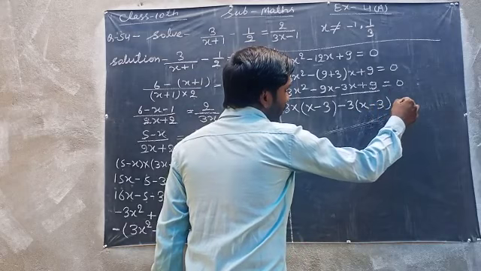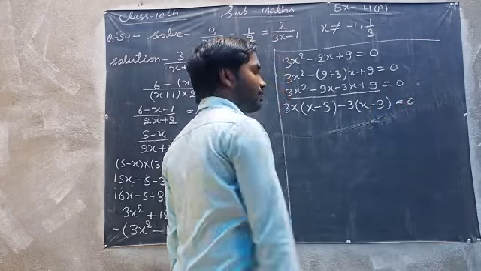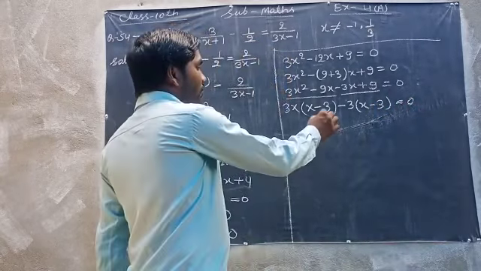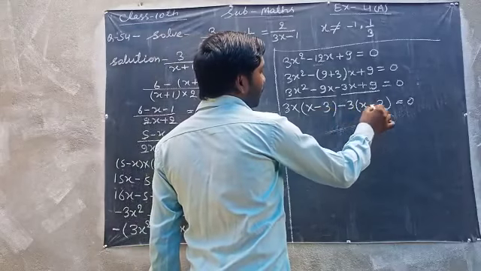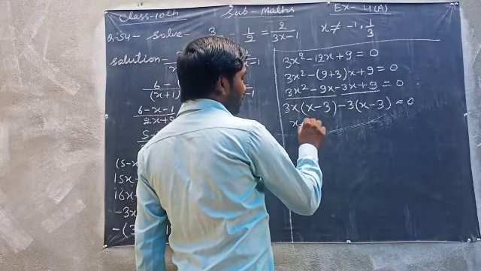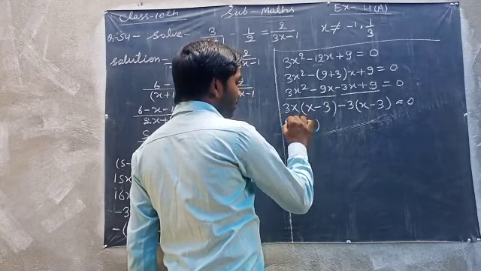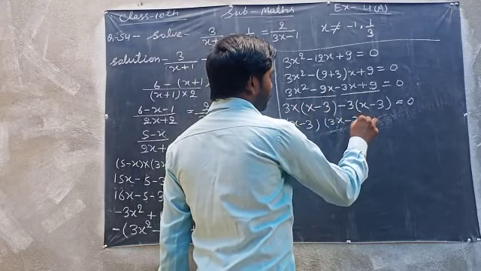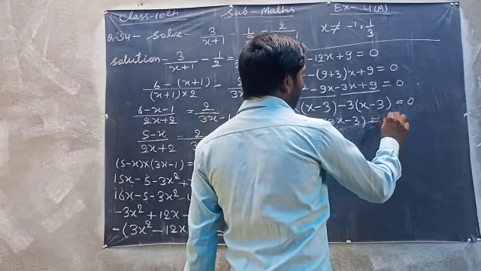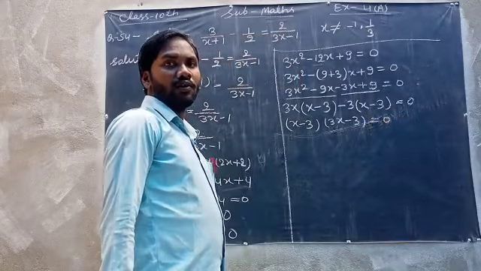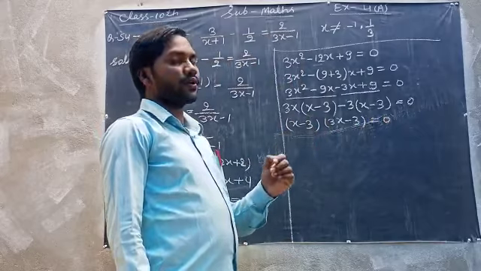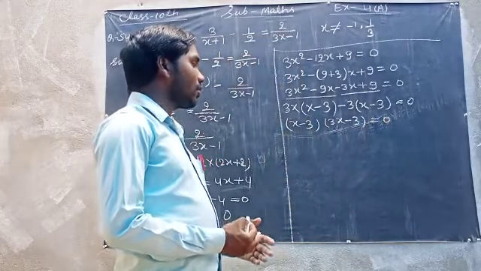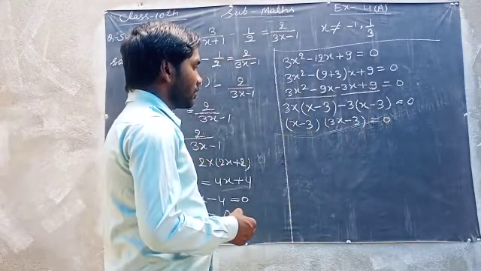So it will be x minus 3 is equal to 0. Now we can see that in both parts x minus 3 is common, so we take common x minus 3. Here it will be 3x minus 3 is equal to 0. Now we got two factors. From here we can find out the value of x.